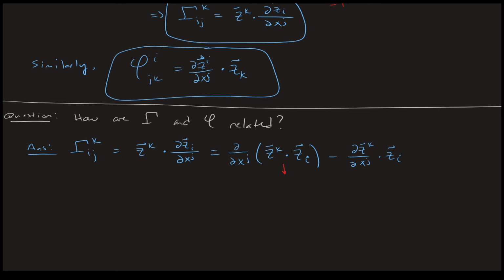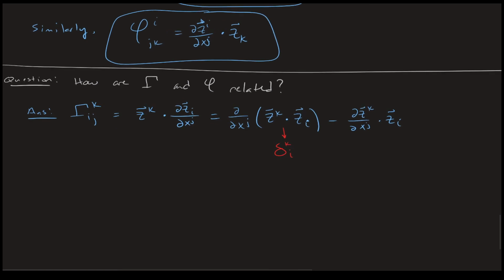And now this thing right here is delta k up, i down. So this will be equal to partial xj of delta k i minus partial zk partial xj dotted with zi down.